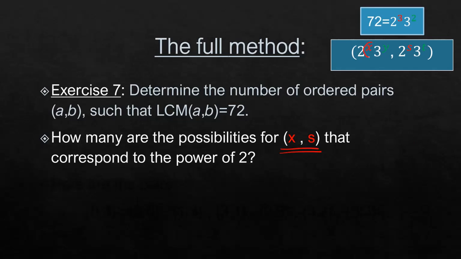So for the exponents of 2, we had found a convenient formula for this one. The number of these pairs is 2 times whatever the exponent is, plus 1. That's what we figured out in the last discussion, okay? So how many possibilities would I have for the powers of 2?